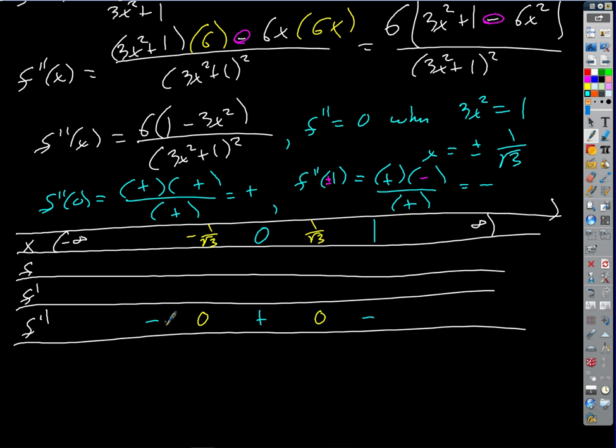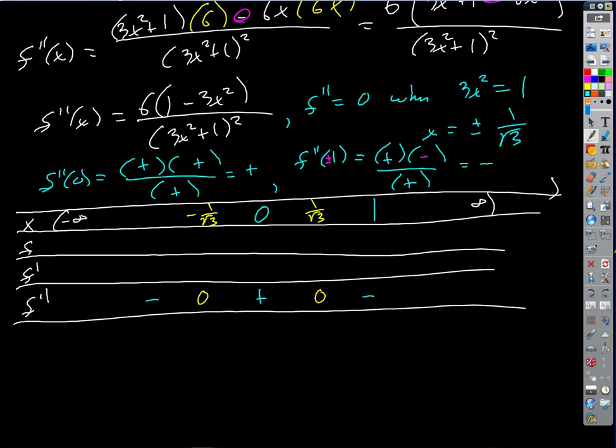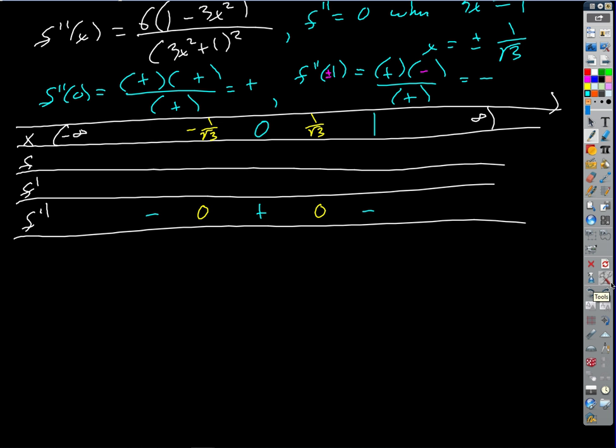So let's interpret this. Now the question is asking to determine the intervals on which the function is concave up or concave down. So based on this, let me color code this a little bit here. Oops. So those blue minus signs, that's supposed to be a plus.